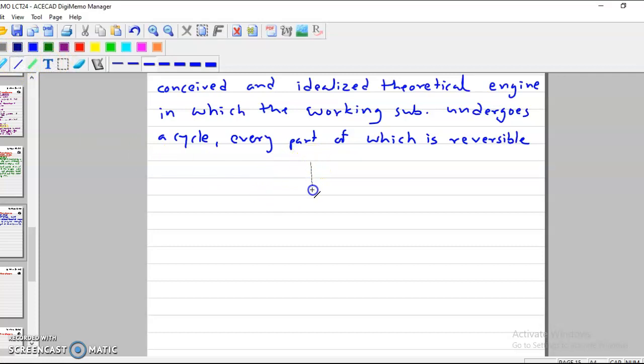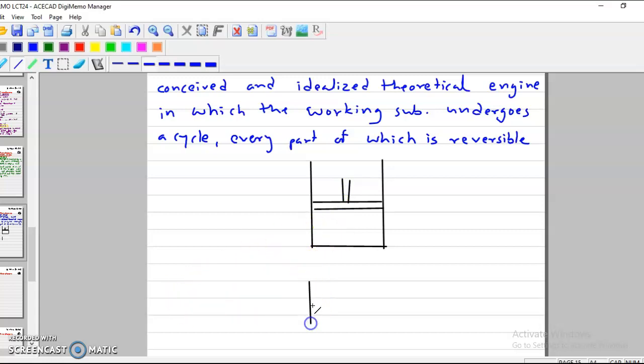We take one cylinder. This is a piston and cylinder.